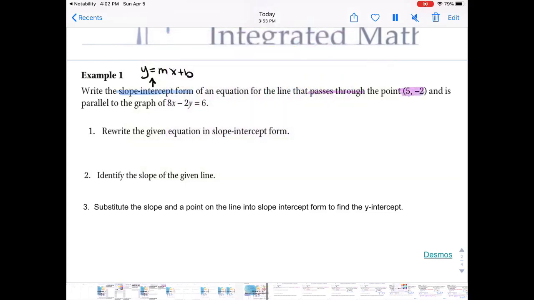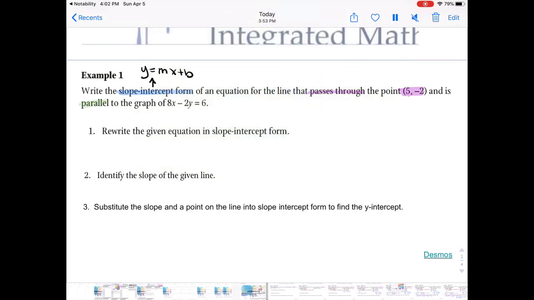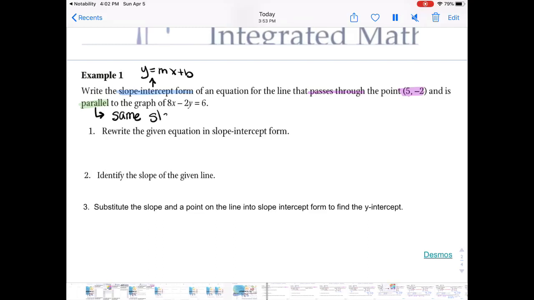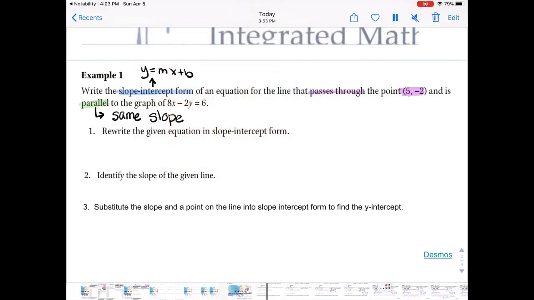So that's a point that is on the line of the equation that we're going to write, and is parallel. That is extremely important. Parallel means that we have the same slope. Parallel lines have the exact same slope. And our equation is going to be parallel to the graph of 8x minus 2y equals 6.